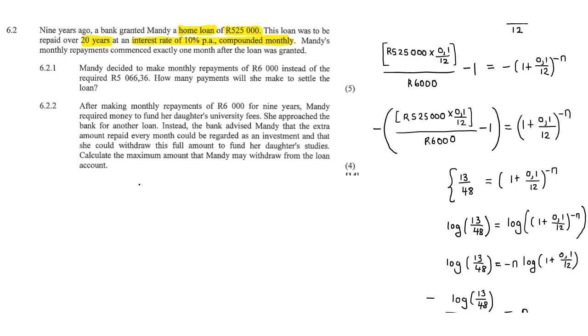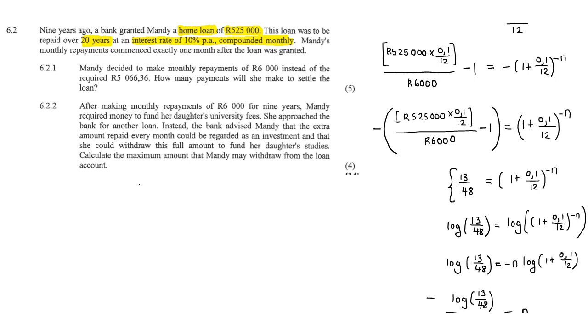The bank makes it because they want to keep you as a customer for the entire period of that initial loan. When she withdraws this amount, she basically goes back to square one, which means they still have her as a customer for the next 11 years, if she doesn't carry on paying more than she's required to pay.